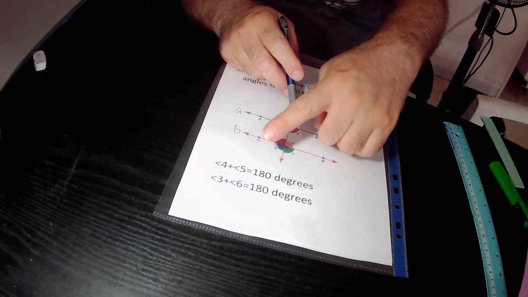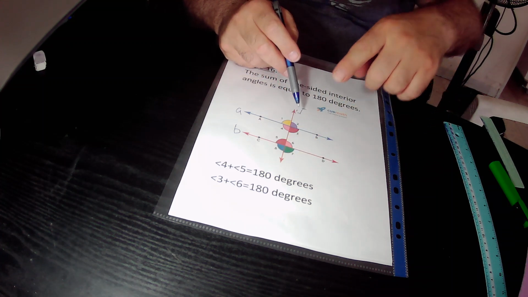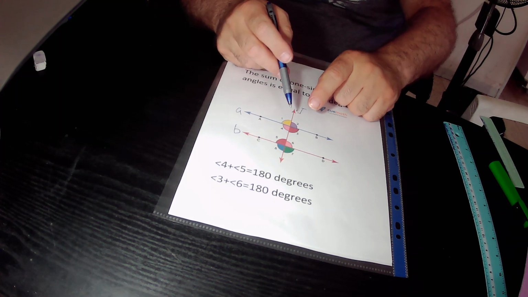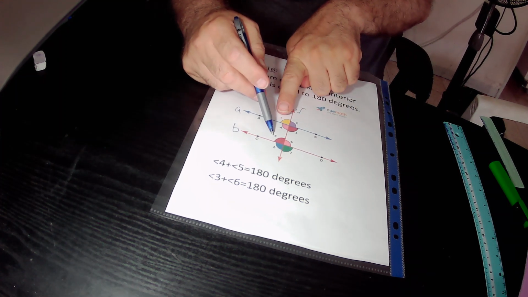That is to say, 3 plus 6 equals 180 degrees.